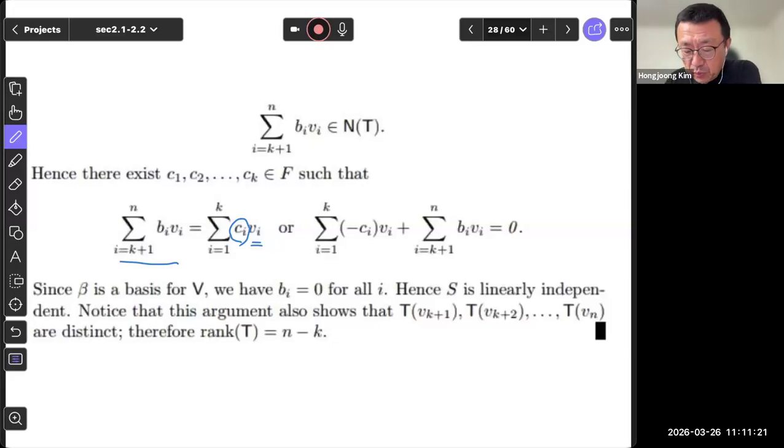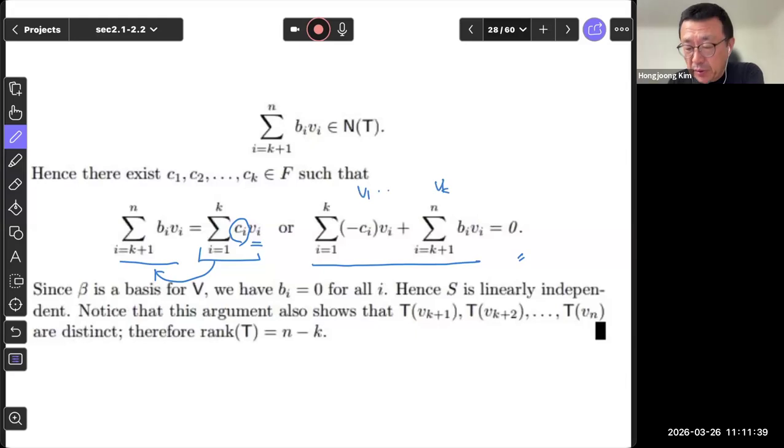Now, let me move this term to the other side. Then we have the sum of this will be 0. Now, what does that mean? I have v1 up to vk.